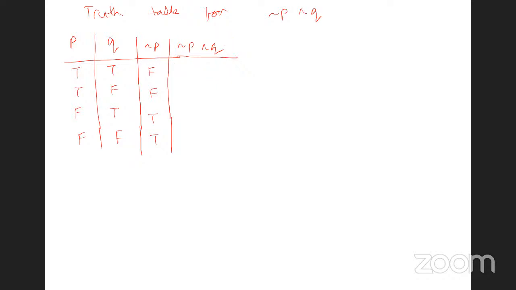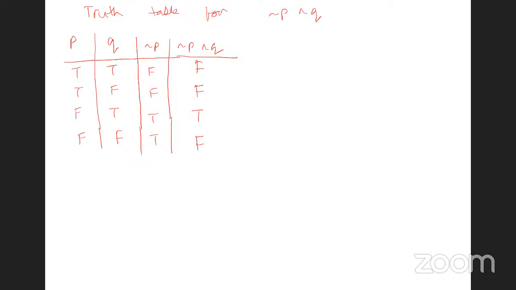How do you get that? You're looking here and here. So false and true is what? What is false and true, Shivish? False. What is false and false? What is true and true? True and false. That's okay?